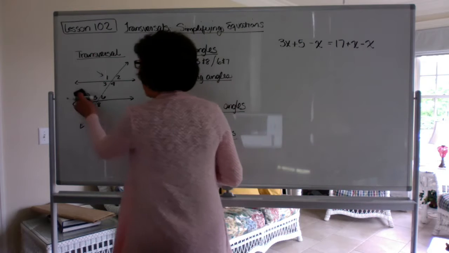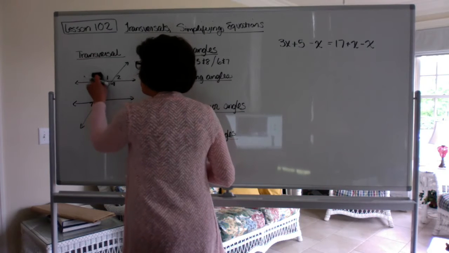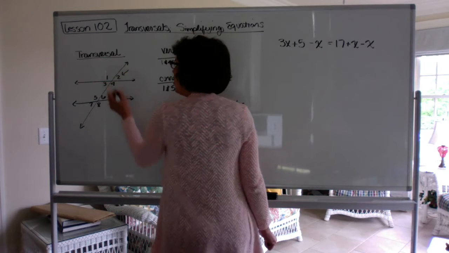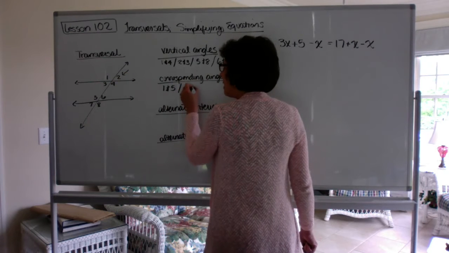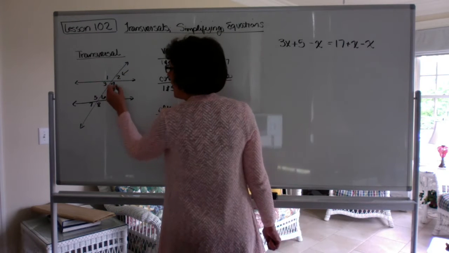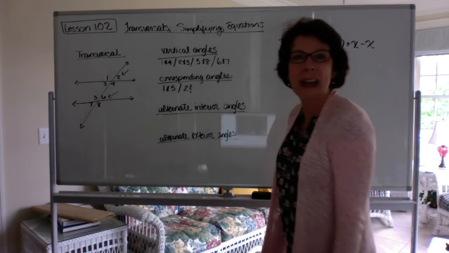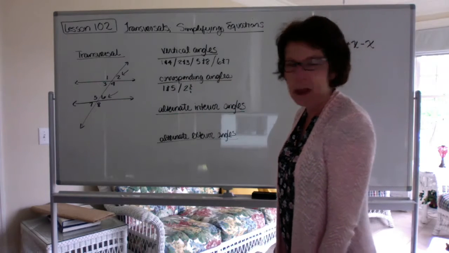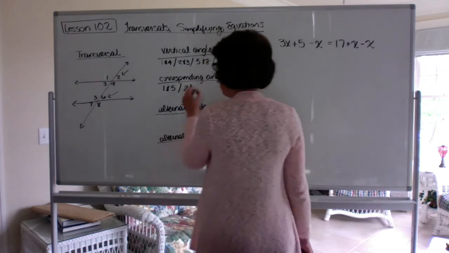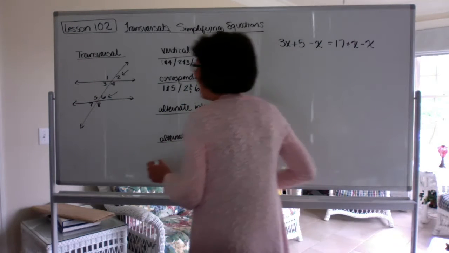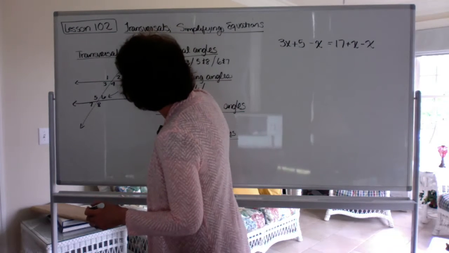Now let's look at another pair that correspond from the top 4 and the bottom 4. So here's angle 2. What does it correspond to? Well, it's to the right of the transversal and above the parallel line, and so is angle 6 in the bottom set of angles. And so 2 and 6 correspond. Let's go ahead and erase those lines, and let's go to angle 3.